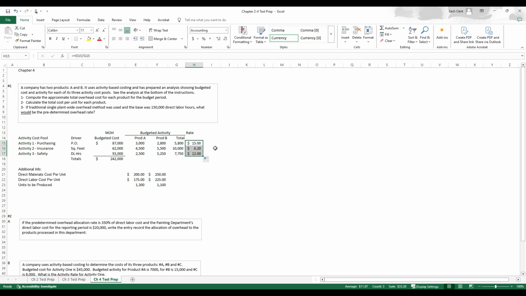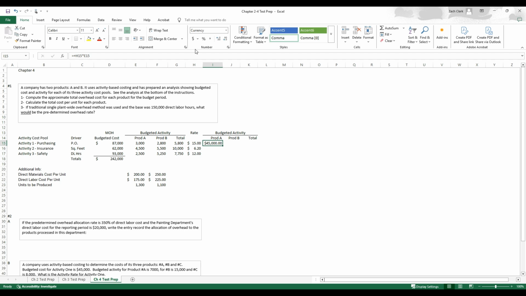Okay, so then if this is our budgeted activity, I'm going to copy this and paste it over here. So then we can get overhead costs based on taking the rate times the individual amount of activity per product, right? Let me make this dollars.